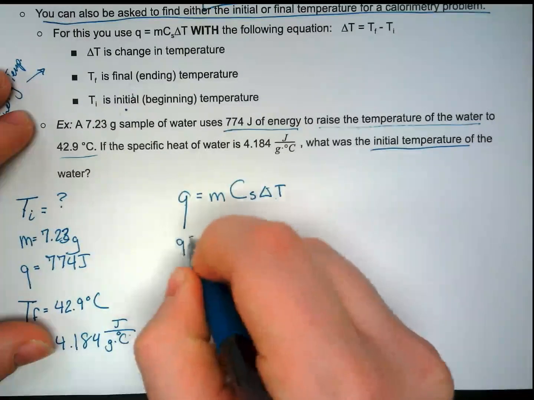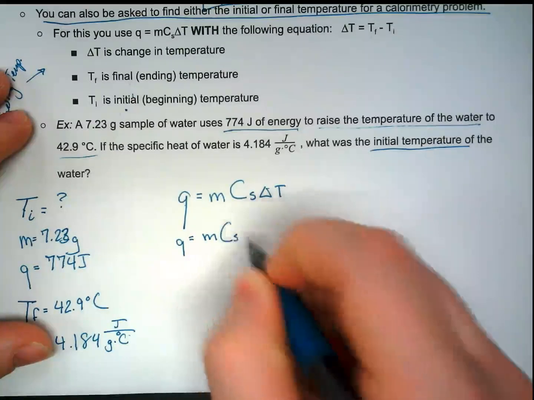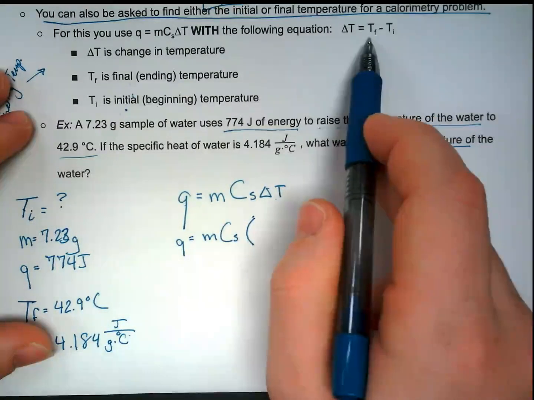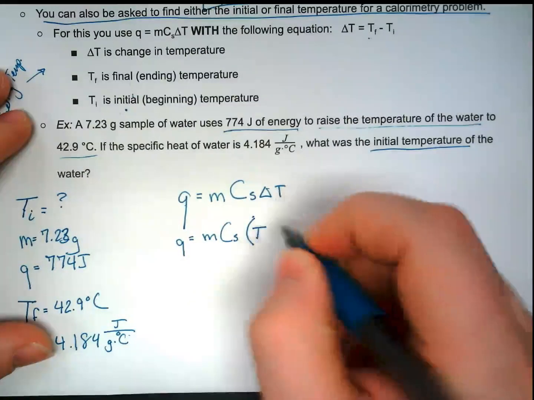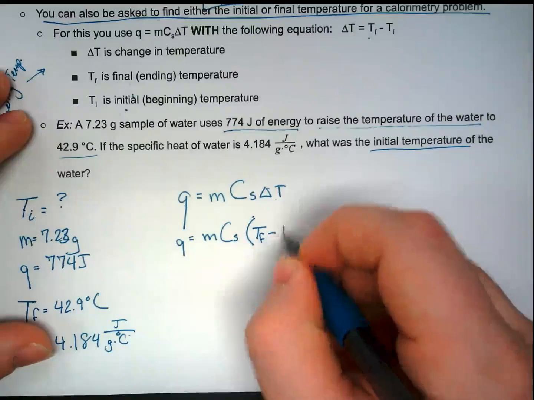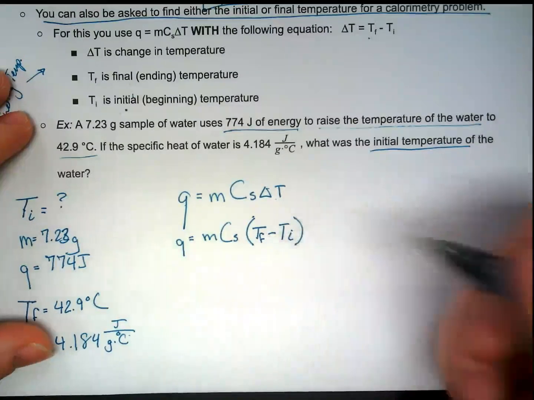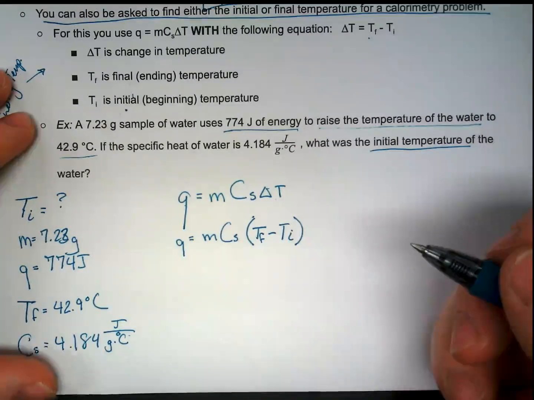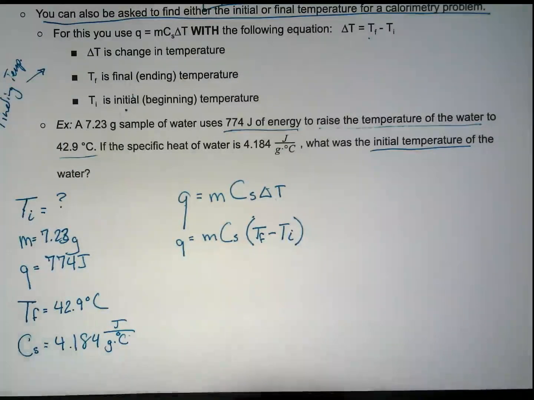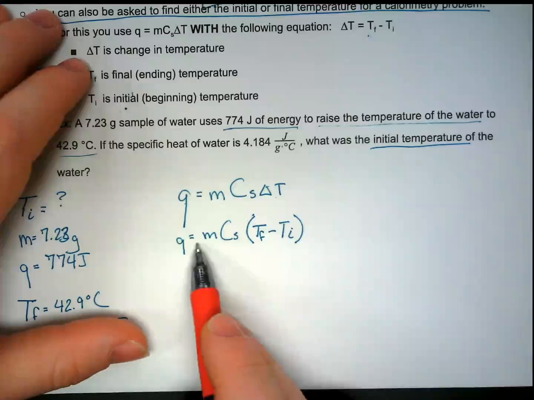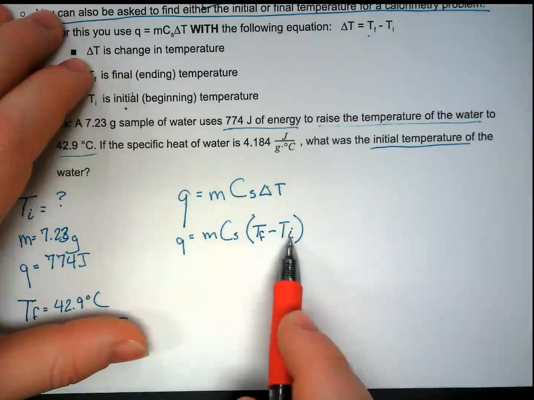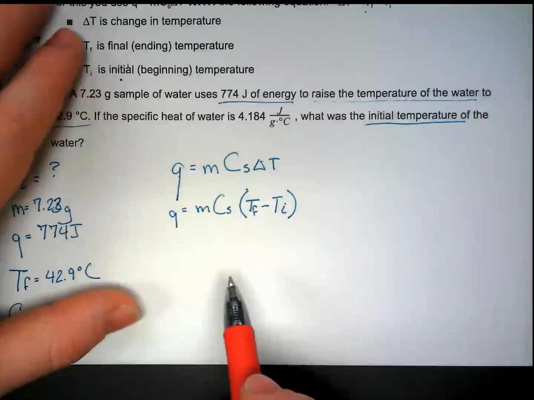I'm going to say Q is equal to M times the specific heat times, and now I'm going to substitute in this little guy over here, because a change in temperature is just the final temperature minus the initial temperature. Now I'm going to do some simple algebra. I'm trying to get these by themselves so that I can eventually get the initial temperature by itself.